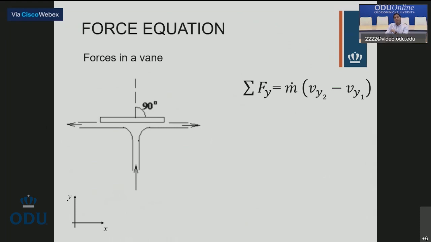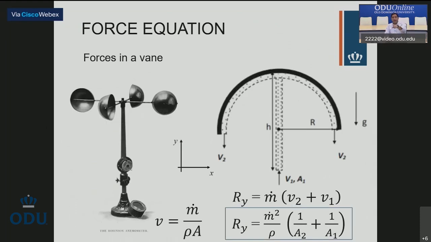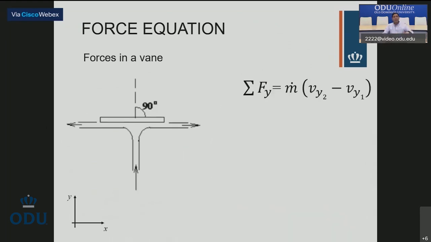If I do the same thing, but instead of a hemispherical shape, I use a flat plate, the water goes up, shoots, and changes direction 90 degrees. Ry is negative, same thing as before. But in this case, the difference is that the velocity at point 2, the outlet, is fully horizontal, so it has no vertical component. That's why it becomes 0 here.